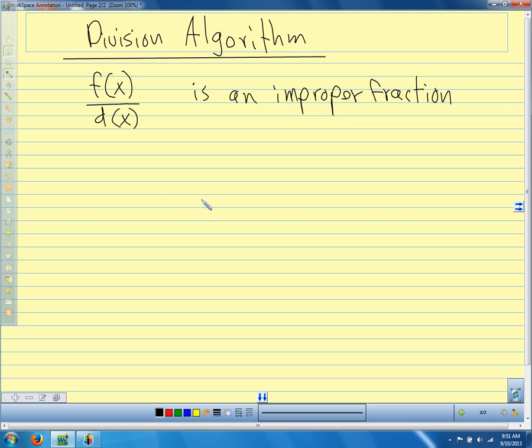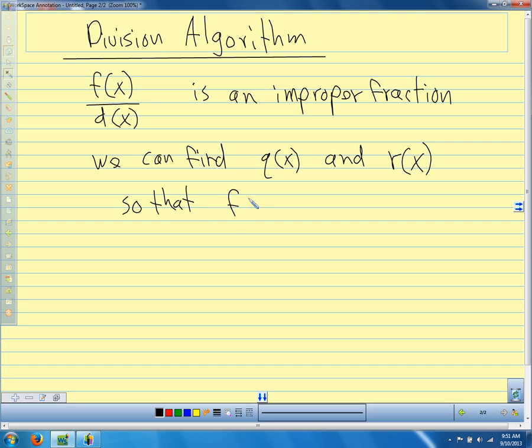The division algorithm guarantees us that we can find a q of x and r of x, other polynomials, so that f of x over d of x equals q of x plus r of x over d of x.